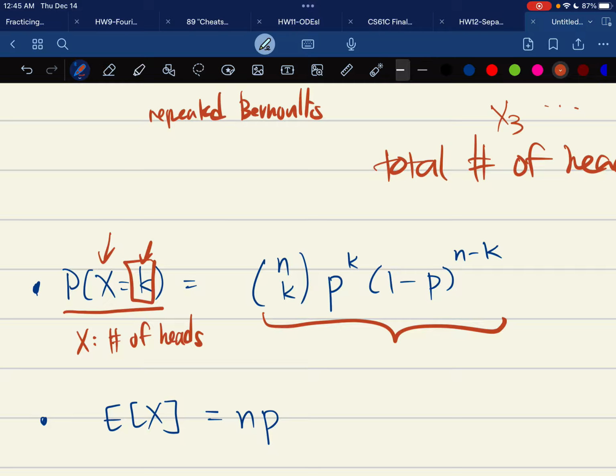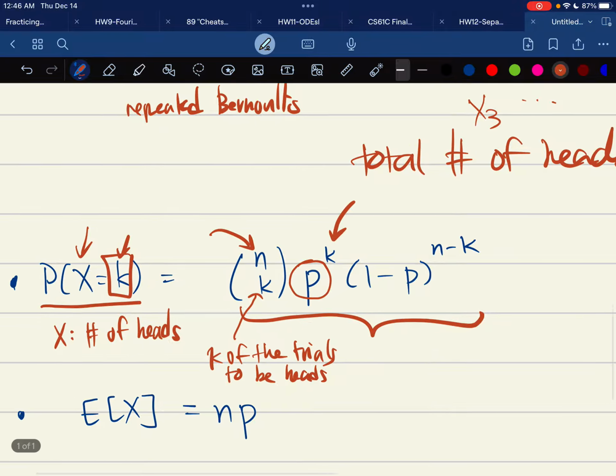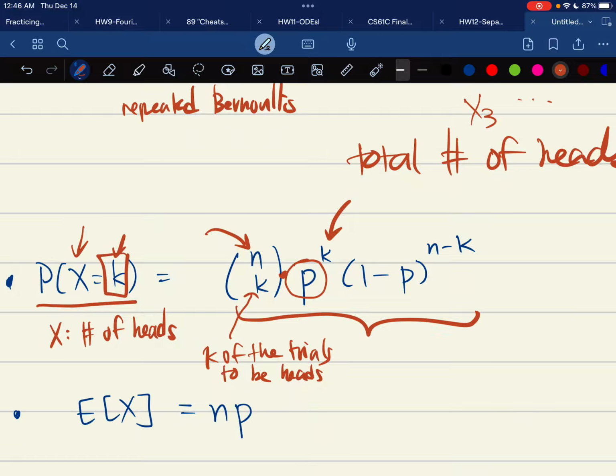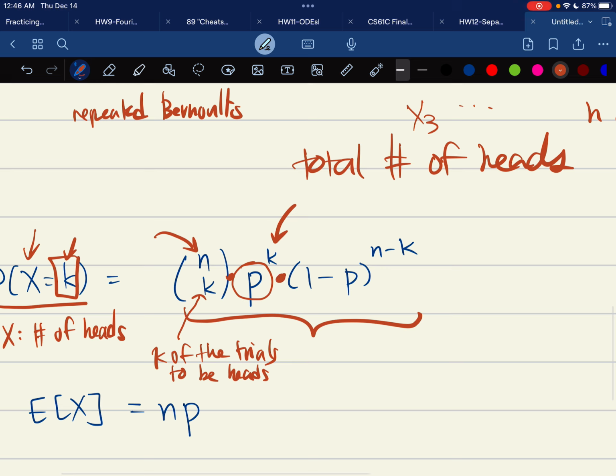Then, okay, let's look at this. So out of our n total trials, let's choose k of them to actually be heads. Right, so for each of these k trials, getting heads happens with probability p, right? So we have to multiply these together. But let's think about the failed trials, right?